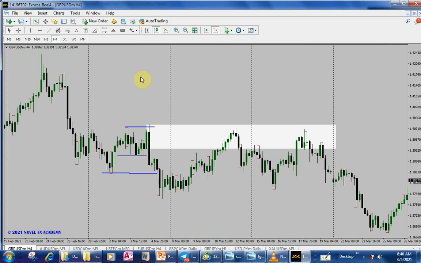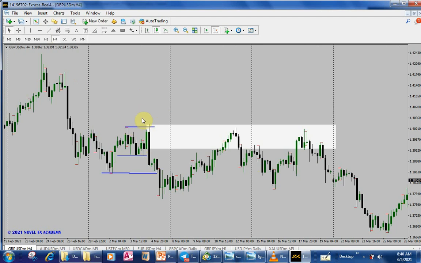The first characteristic I said here is that the OB must raid liquidity. It must raid stops, and that was what actually happened here. This OB, the last up close candle that was responsible for this downward push to the downside, raided liquidity here. So that first characteristic is achieved.